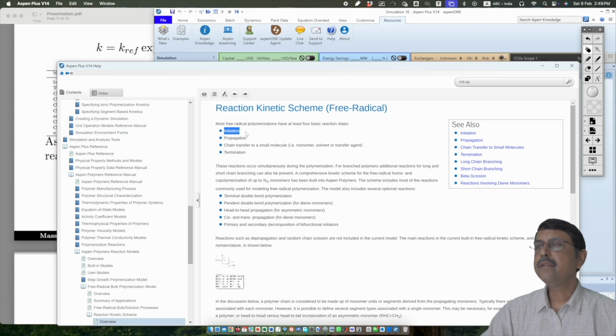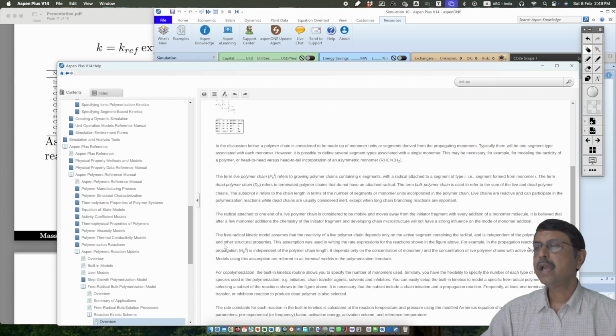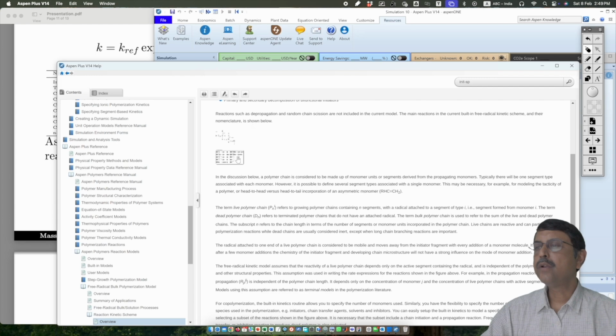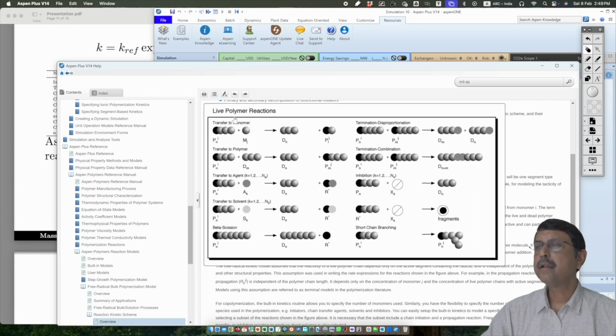Here you have initiation, propagation, chain transfer to small molecule, termination, and the nomenclatures for the live polymer reactions are given over here. How it is transferred to monomer, to polymer, to agents, solvents, how the termination by disproportionation works, how the termination by combination works, and so on.